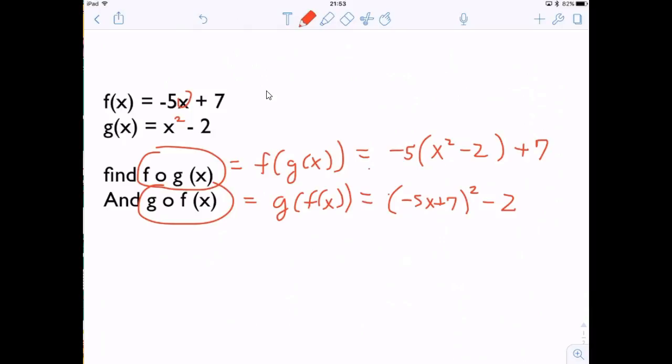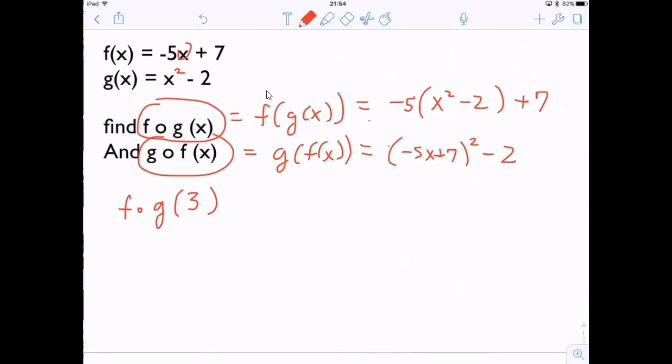So, I'm going to show you one more thing, which I think is the easiest problem to do. If you get f follows g of 3, there's kind of an easier way to do it than what we did here.